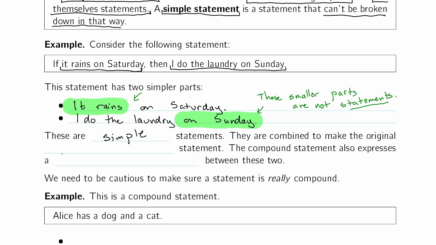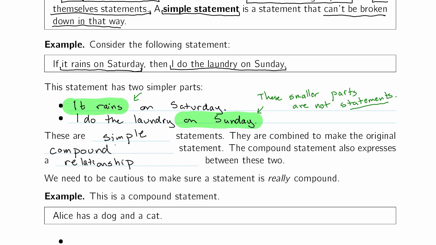They're combined to make the original compound statement. The compound statement doesn't just say the two simple statements, it does something else as well. The compound statement also represents a relationship between the two simple statements.